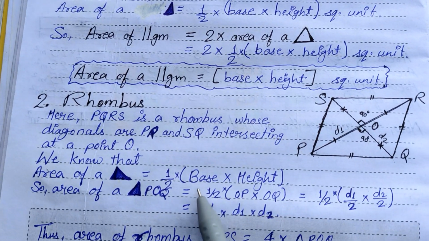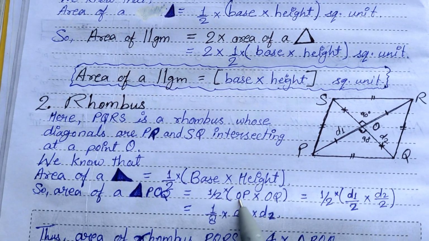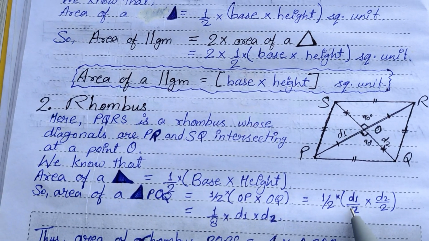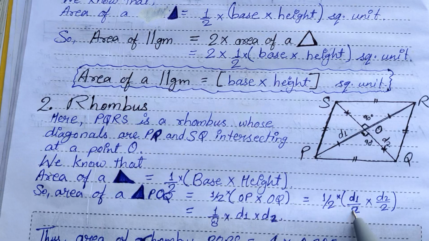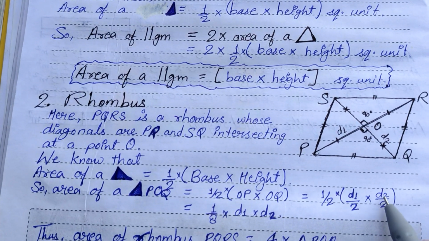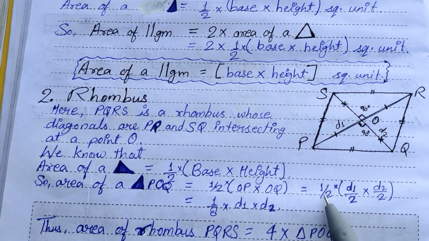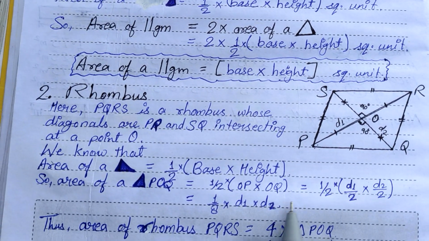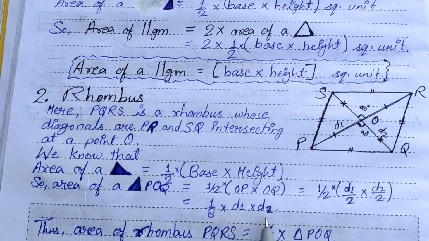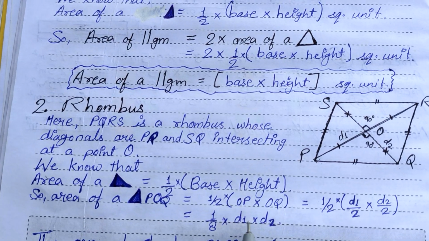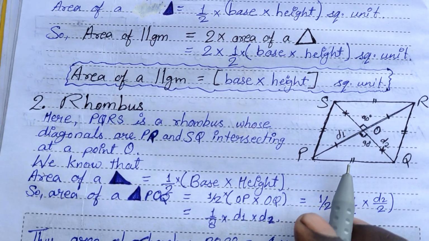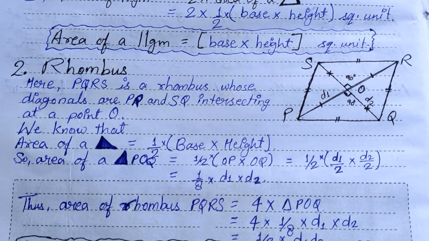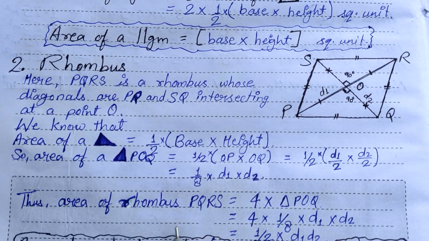So 1 by 2 into base into height, where base is OP and height is OQ. OP is D1 by 2 and OQ is D2 by 2. So we have 1 by 2 into D1 by 2 into D2 by 2, which is 1 by 8 into D1 into D2. This is the area of one triangle, and the rhombus has four triangles.